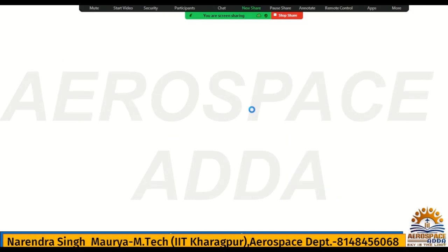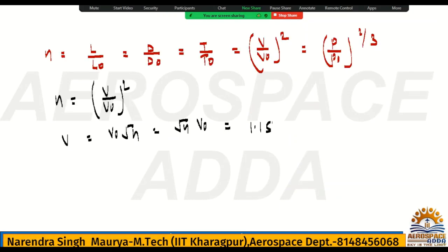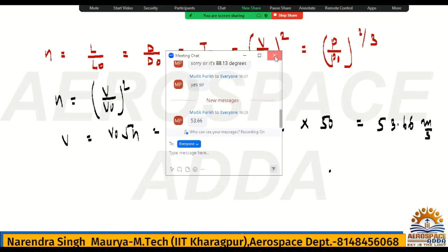You got 1.152. Into what is V naught? It is 50. If you calculate this, what you may get? Root 1.152 into 50. It is nothing but 53.66, you can cross check this. It is nothing but 53.6 meters per second, right? Number one.